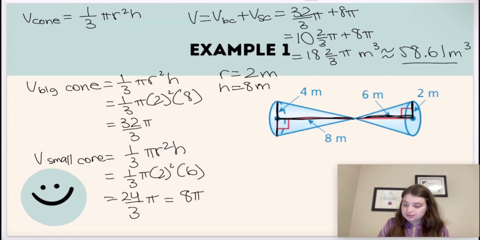So this is our approximate answer right here by substituting pi for 3.14, and this is our exact answer right here, the 18 and 2/3 pi. Because pi is irrational, as soon as we round off something, we're getting an approximate answer rather than the exact answer.